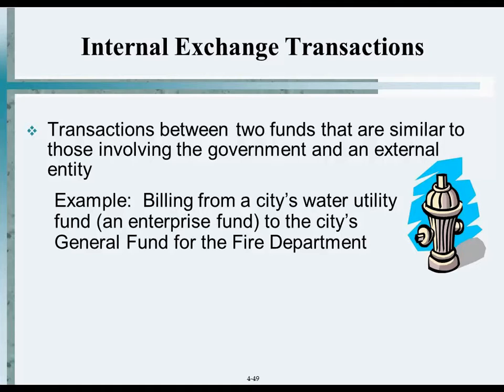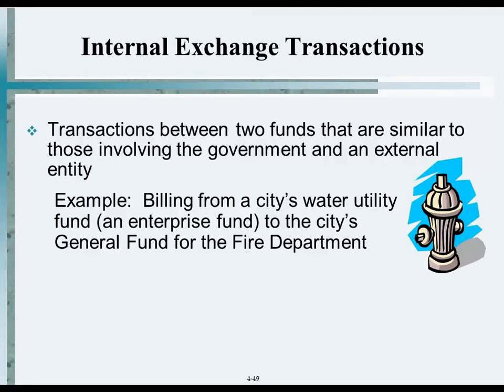Non-exchange transaction doesn't work that way. Let me give you an example of a non-exchange transaction. Property taxes. So you've got a $1 million home in a town. You're very upset because you're paying all these taxes. And you have no kids.